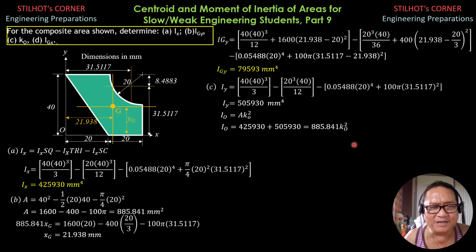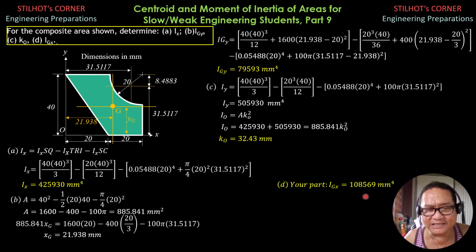Solving for Ko, square root of Io over area, and that is equal to 32.43 mm. So as I said, for your part, you have to show in two ways that Igx is 1085.69 mm to the fourth. So that's it for this video.